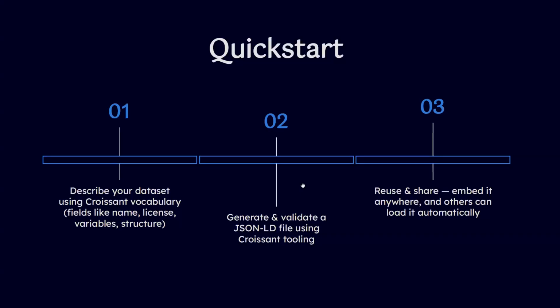Or if you are hosting the data sets yourself on a web page, then you can have the JSON file embedded into your HTML page, essentially. And others can then automatically load it when they go to your web page.